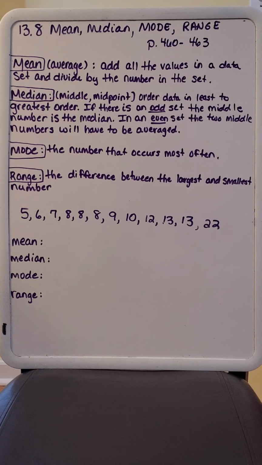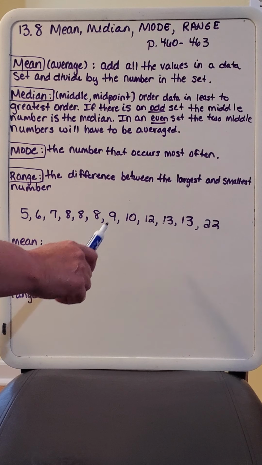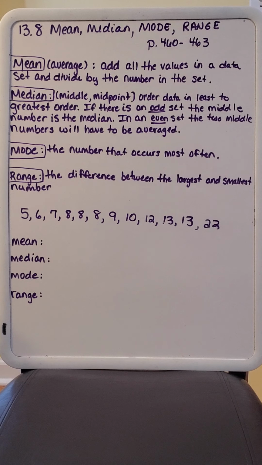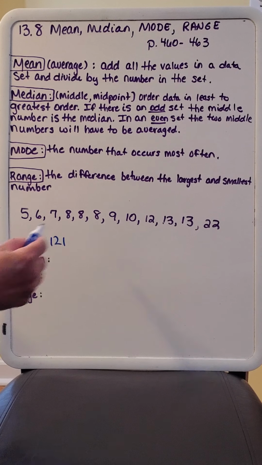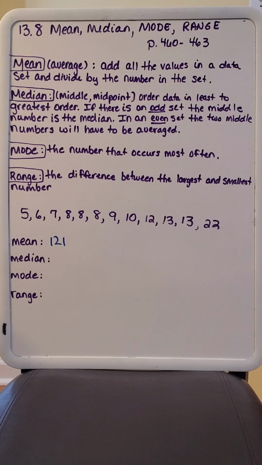So we're going to start out with mean first. So here's my data set, and I have 12 numbers here. All right, and you'll see that I already have them in order. So 5, 6, 7, 8, 8, 8, 9, 10, 12, 13, 13, 22. So I total all of those up, and I'm going to get 121. Okay, you are not through. That's just the total of the data set.